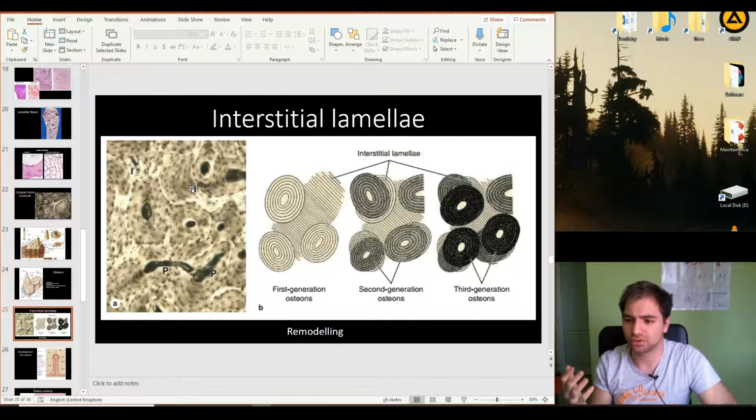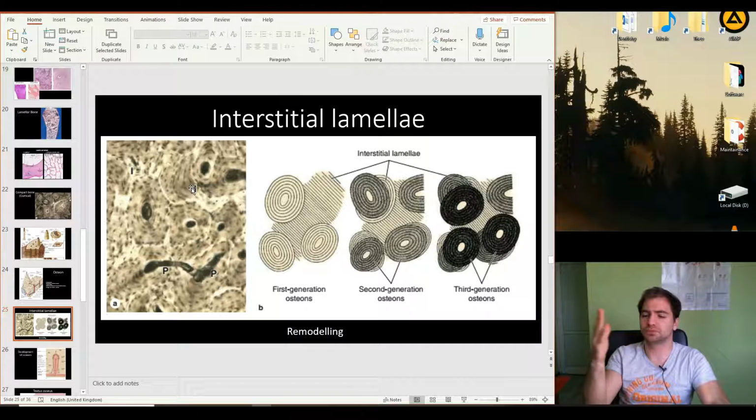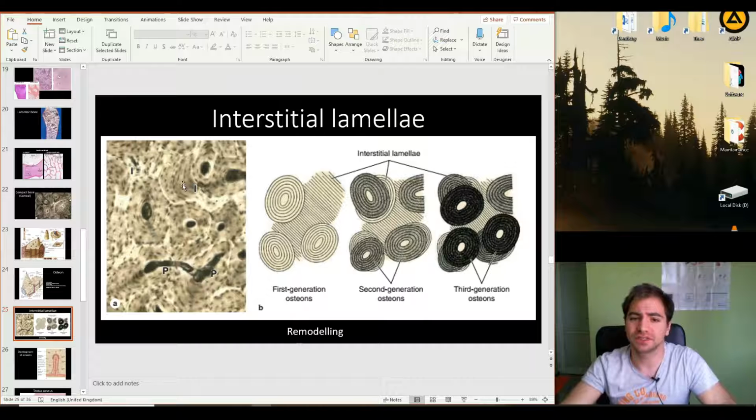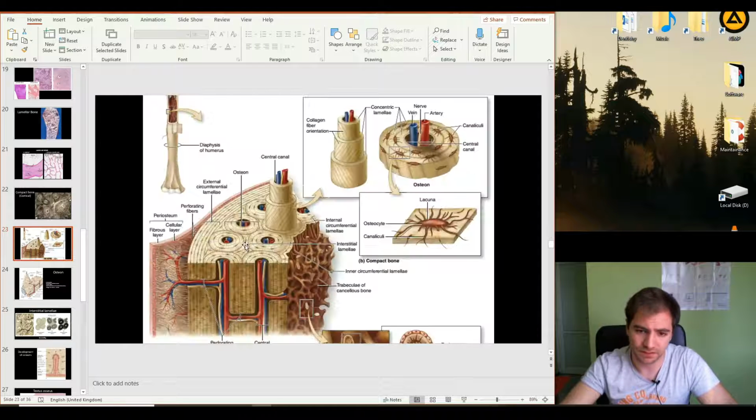Interstitial, of course, is always used when we talk about a structure that is between 2 different cells or between 2 different tissues. So here, this is the interstitial lamella right here, for example. This structure is again the old osteon that was destroyed, but not completely. This is remnants of the previously formed osteons.